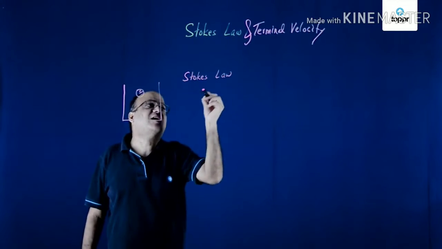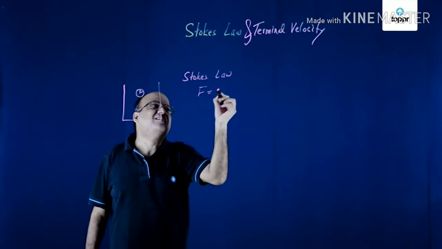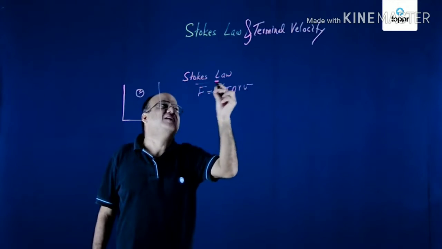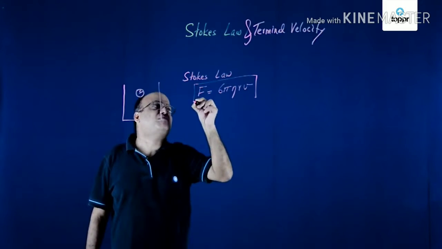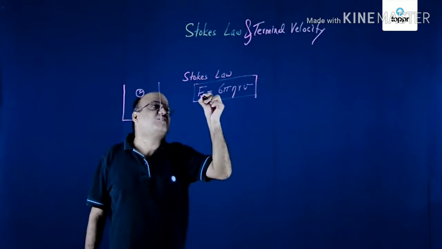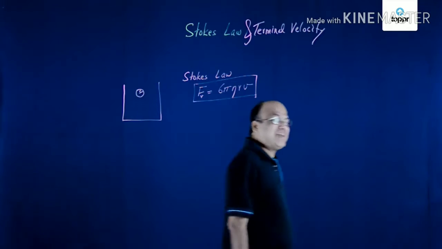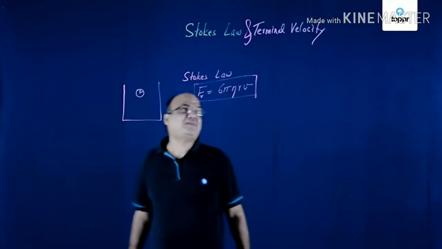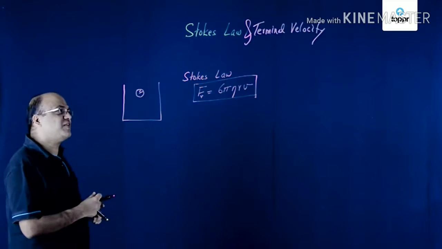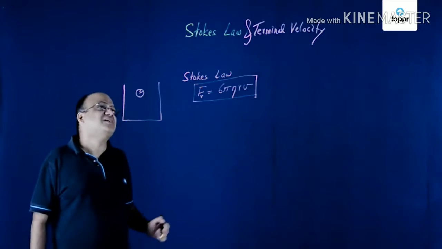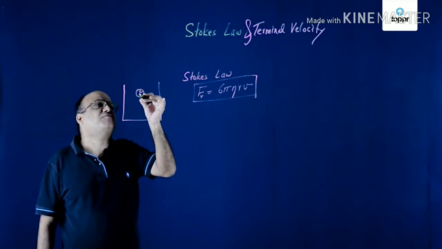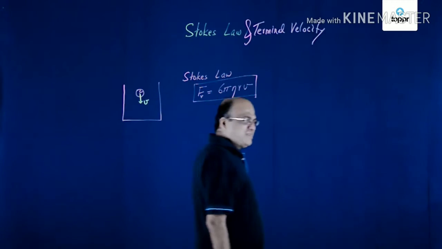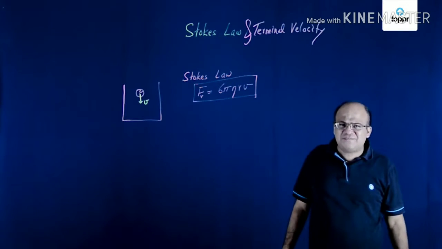Stokes' law tells us that this viscous force is 6 pi eta r v. Eta is the coefficient of viscosity, r is the radius of the spherical object, and v is the velocity of the spherical object. So this is the formula for viscous force.